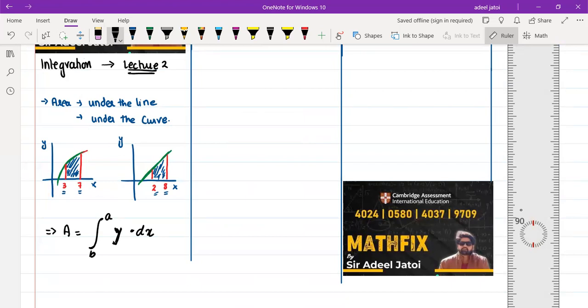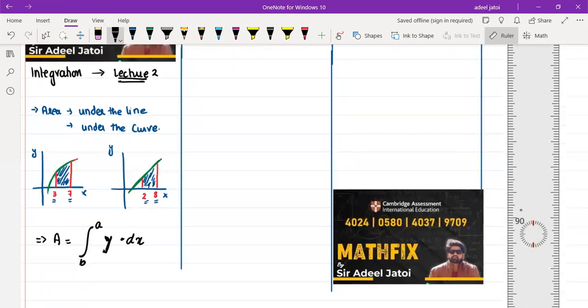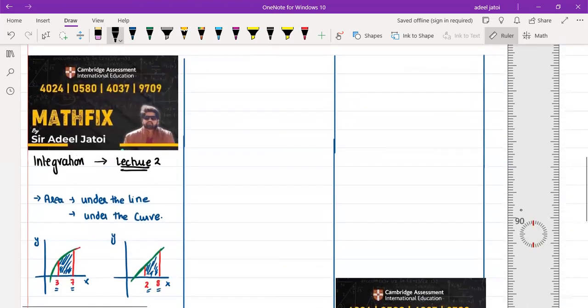So the first step is to integrate your equation of y and then apply your limits, your upper value, then your lower value. So the area with upper value and lower value, y dx, will be shifted to what?